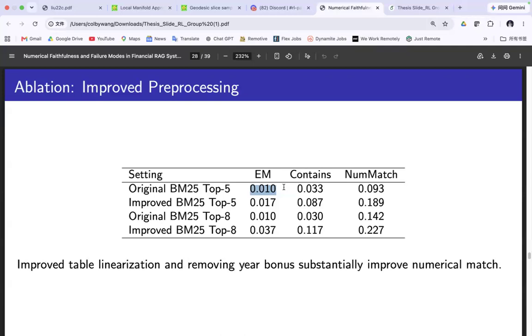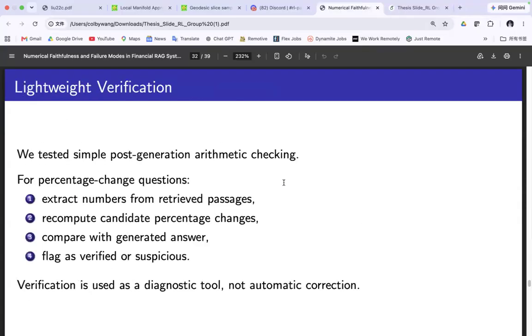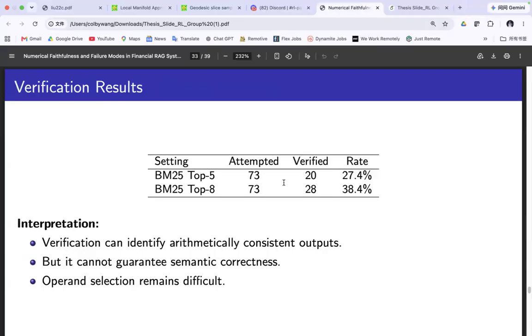But there was this verified part, and is it possible to also check what percentage is factually correct? What do you mean by factually correct?